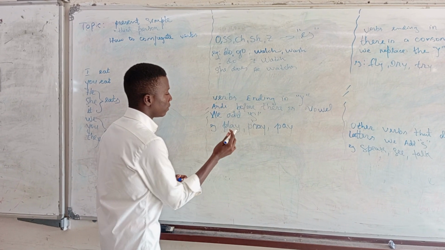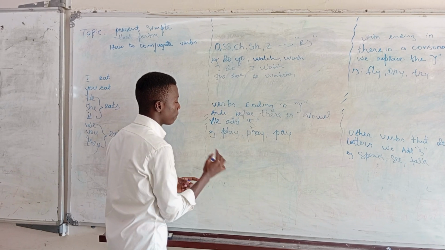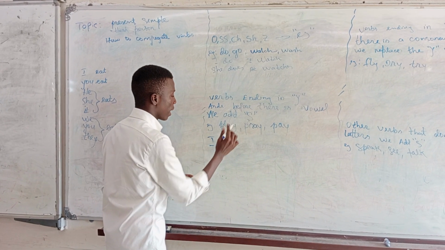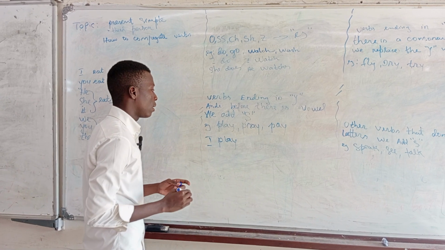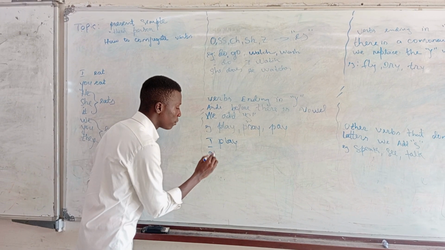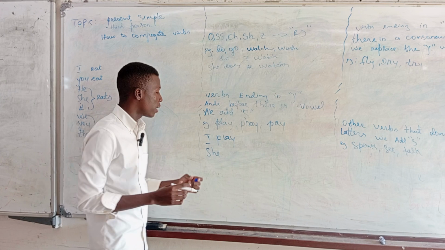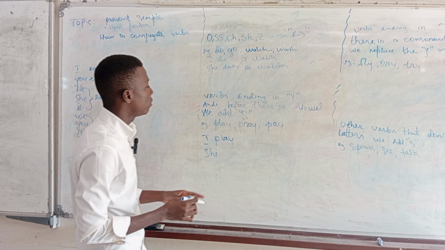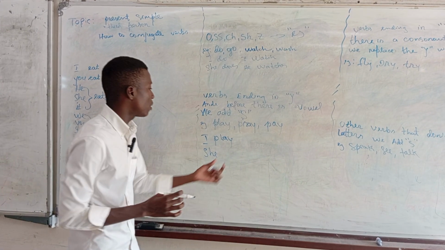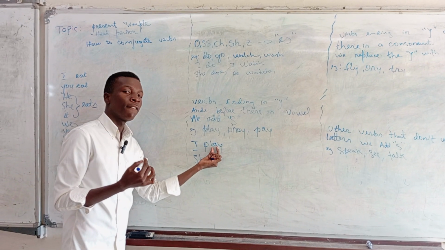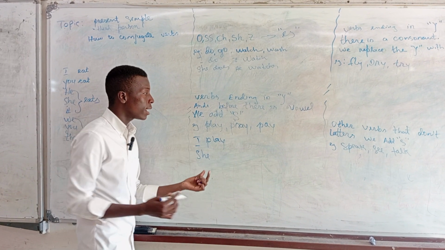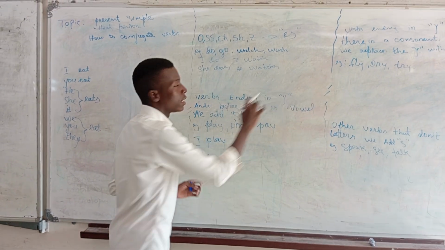The verb play ends with y. I play, we say it in the first person singular. But in the third person, we have to pay attention to the last letter. Here we have y, but before y we have a vowel. That's why we are going to add s, as the rule says.